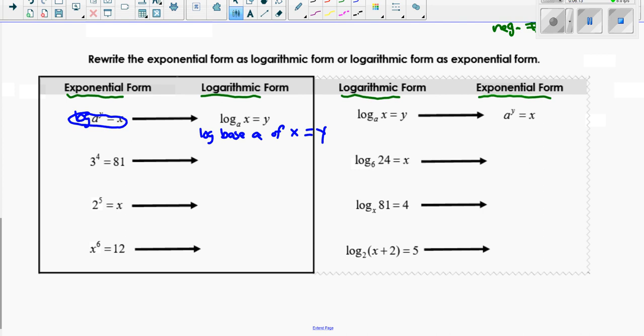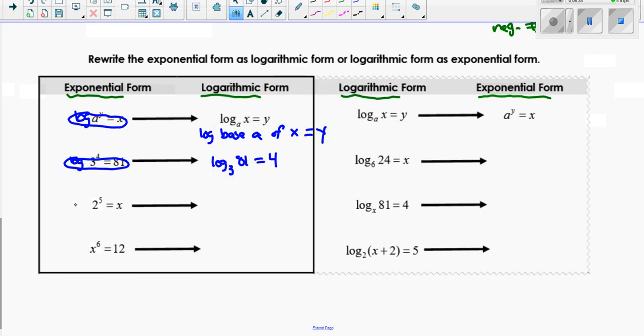Okay? So if I do that in the next problem, I throw a log here, and then I circle these things, leaving out the exponent. That means that 3 to the 4th power equals 81 is the same thing as saying log base 3 of 81 is equal to the exponent of 4. Okay? So let's try it again.